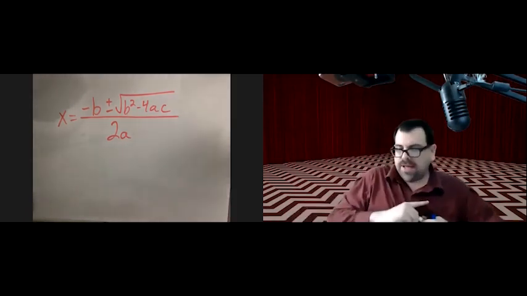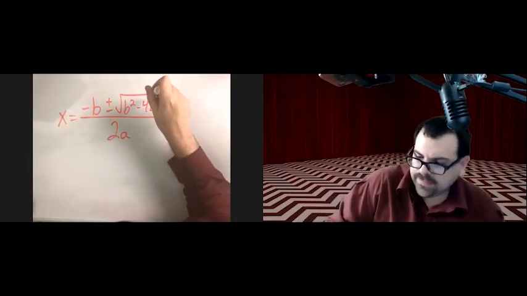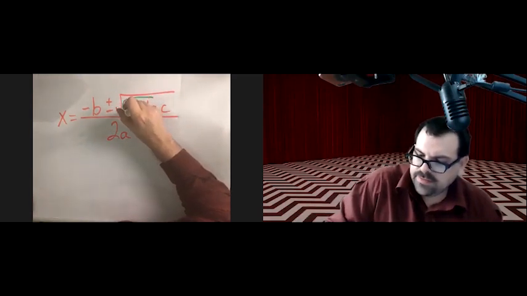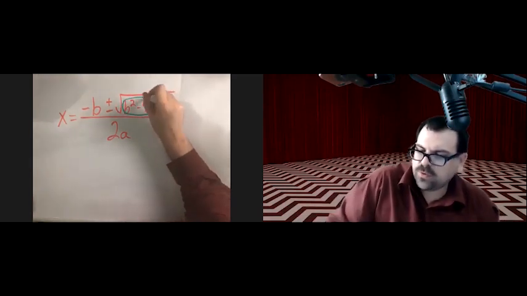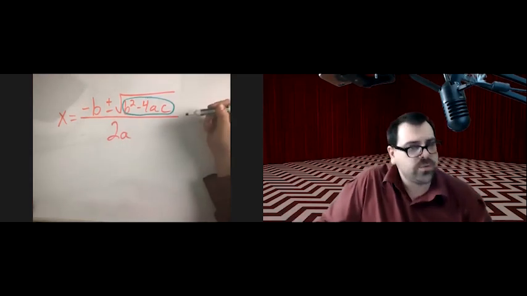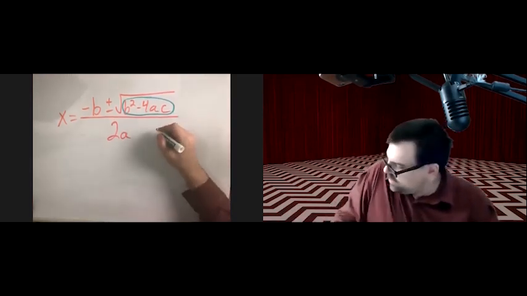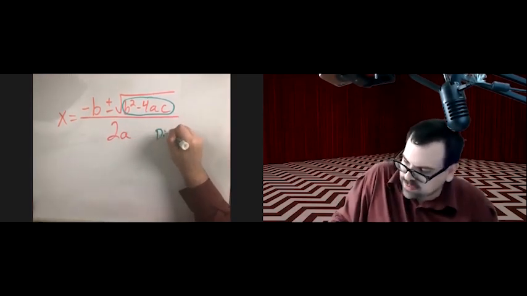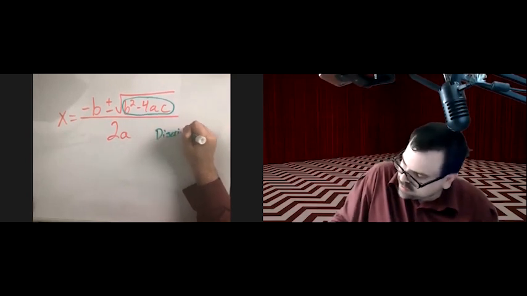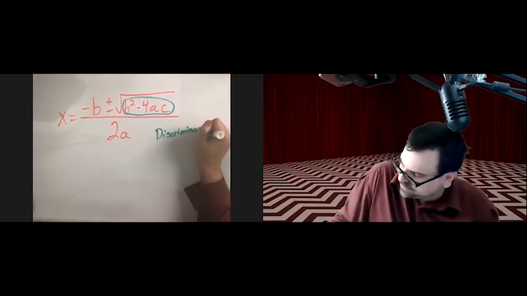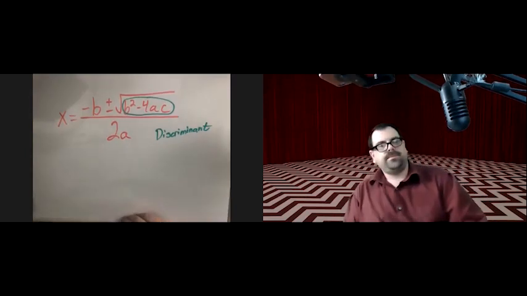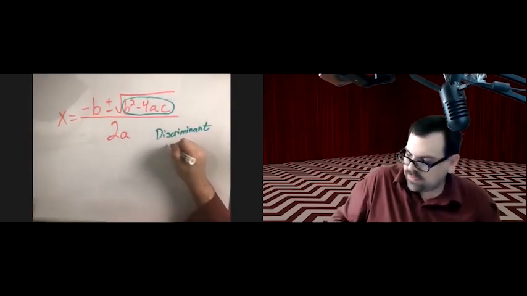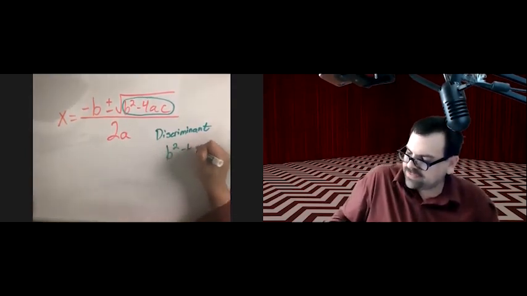Specifically, I'd like to talk about this part right here. The b squared minus 4ac, the thing under the square root. This has a special name. It's called the discriminant. The discriminant is b squared minus 4ac.